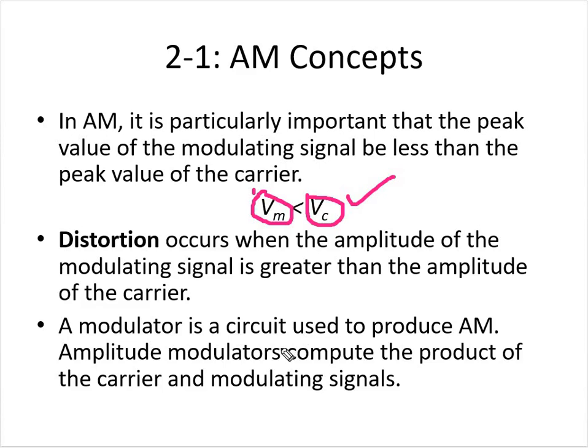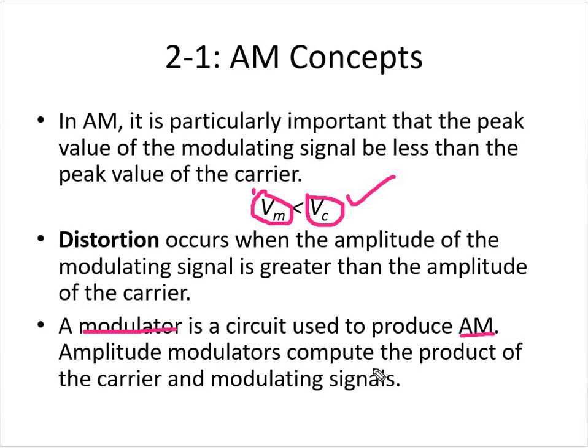A modulator is a circuit. What is a modulator? A modulator is a circuit used to produce what? Amplitude modulation. Okay, this modulator is an electronic circuit which is used to produce amplitude modulation.